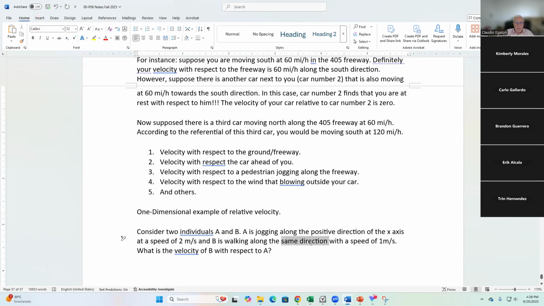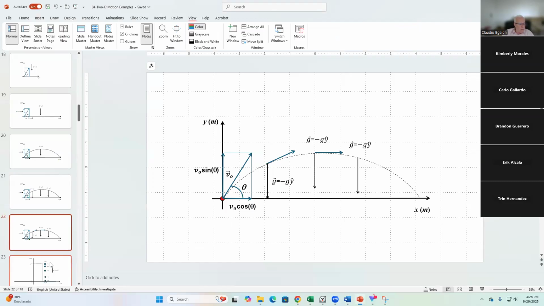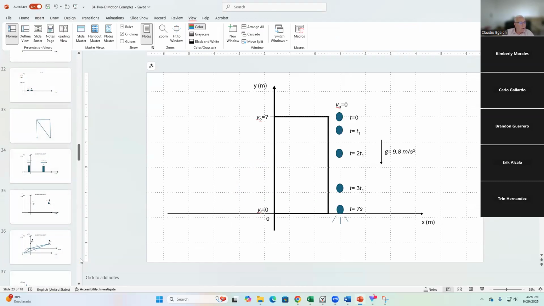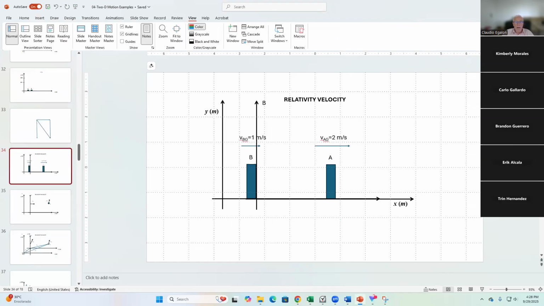What's the velocity of B with respect to A, right? Let's see if I have an illustration here. Yeah, I have an illustration here.